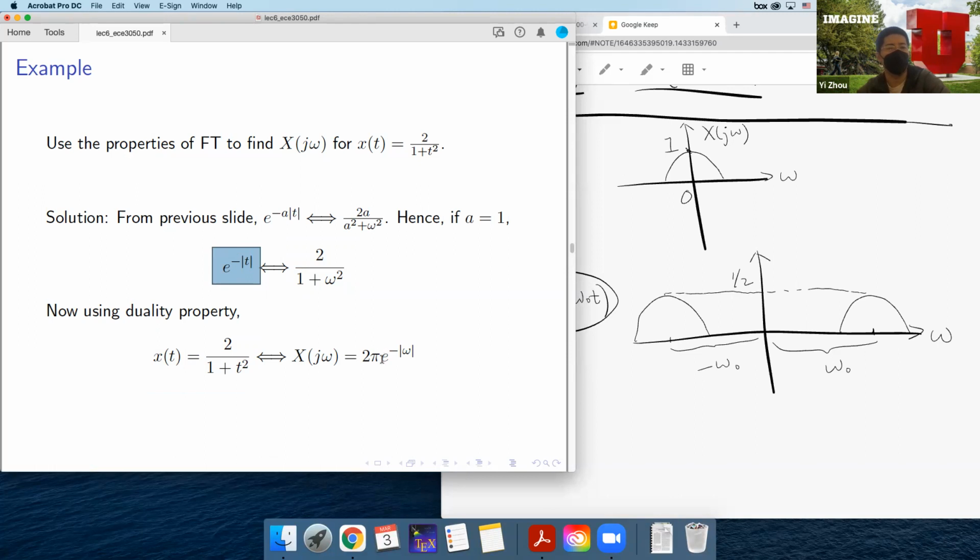So it's 2 pi times e to the power of negative absolute value of omega. So in this way, we can avoid the integral calculations. It's directly by leveraging the duality property of the Fourier transform.